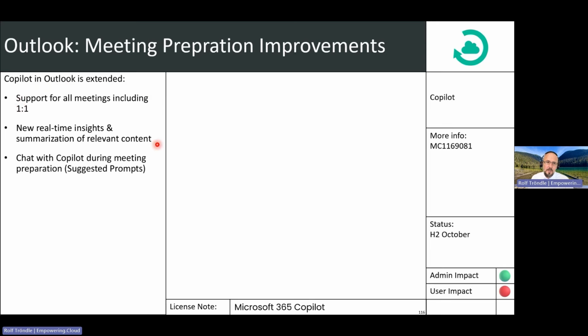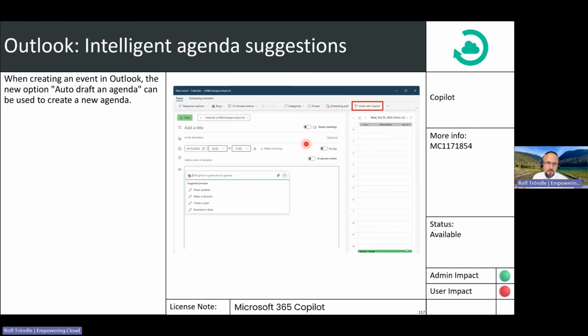So for all meetings, you will get new real-time insights and chat with Copilot while you are doing your meeting preparation, and you even get suggested prompts in there. Then we have intelligent agenda suggestion, a new option while you are creating a draft for a meeting: auto draft an agenda. Just use it and then it will create your agenda.